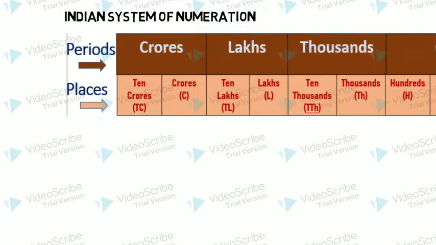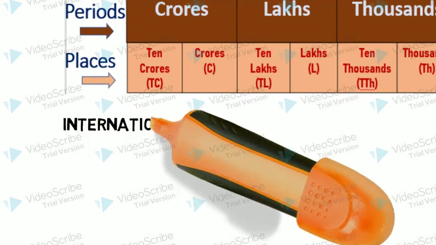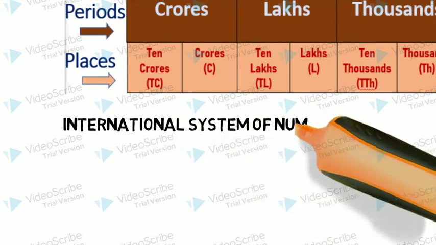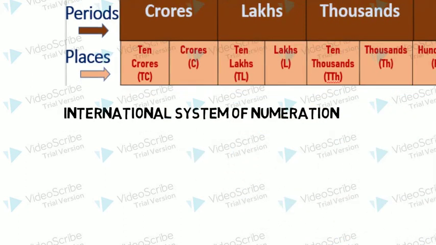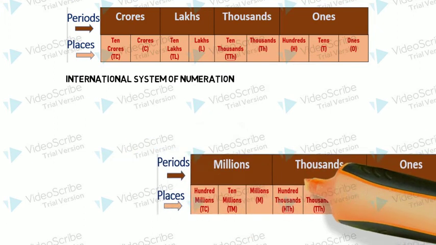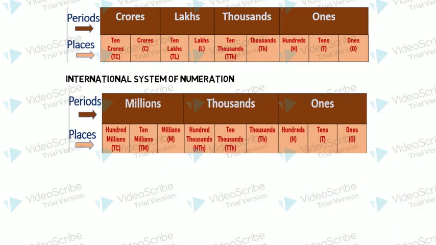Now let's talk about the international system of numeration. So in this system you can observe that we have the periods that are ones, thousands, millions. In the ones period we have three places, ones, tens and hundreds. Again in the thousands period we have three places, thousands, ten thousands, hundred thousands.